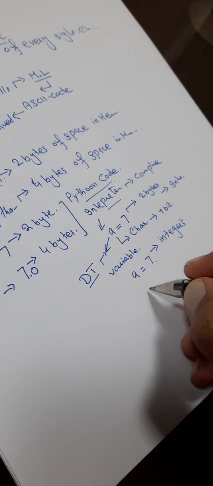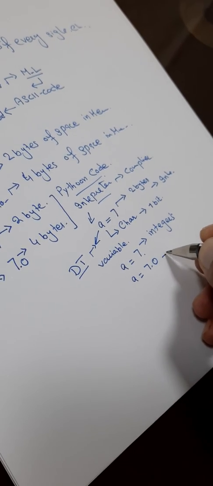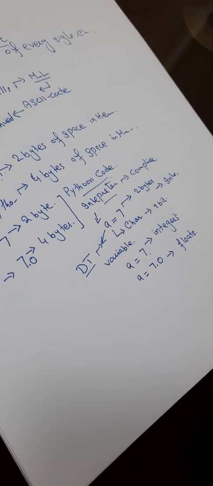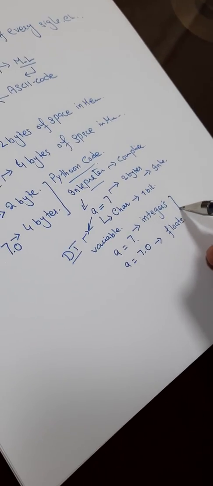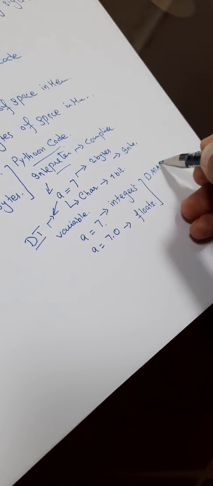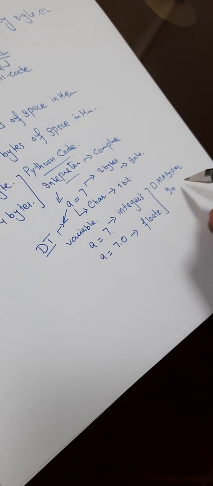And whenever we say a is equal to 7.0, it means we are talking about floats. So these two are the data types in Python.